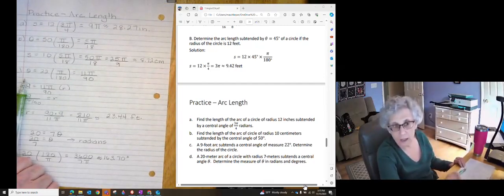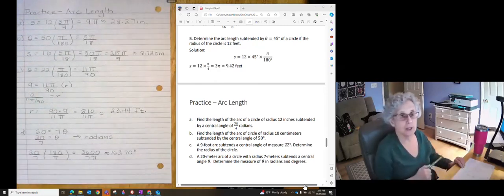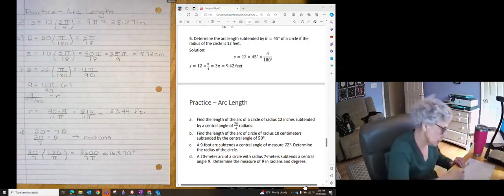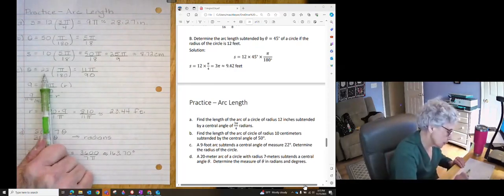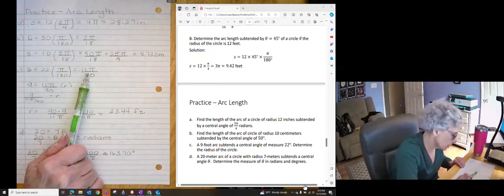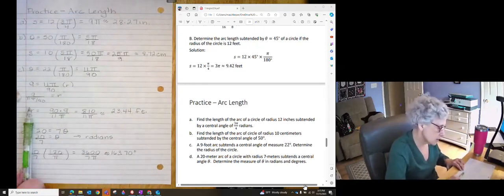Part C, we had a 9-foot arc, subtends a central angle of 22 degrees, and we wanted to find R. So first thing I needed to do was get my theta in terms of radians. So theta was 22. Again, introduce my pi into the party, and I got 11 over 90, and then I just solved.